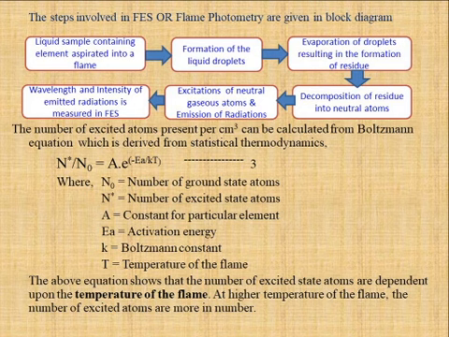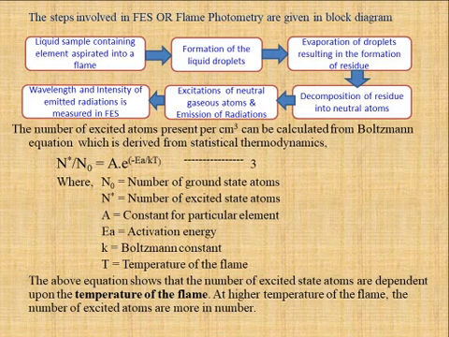Knowing all the parameters, we now see the physical significance of the equation. The above equation shows that the number of excited state atoms depends upon the temperature of the flame. It means that at a higher temperature of the flame, the number of excited state atoms is greater. In flame emission spectroscopy this ratio of N star to N0 is very important, because it decides the emission of radiations.